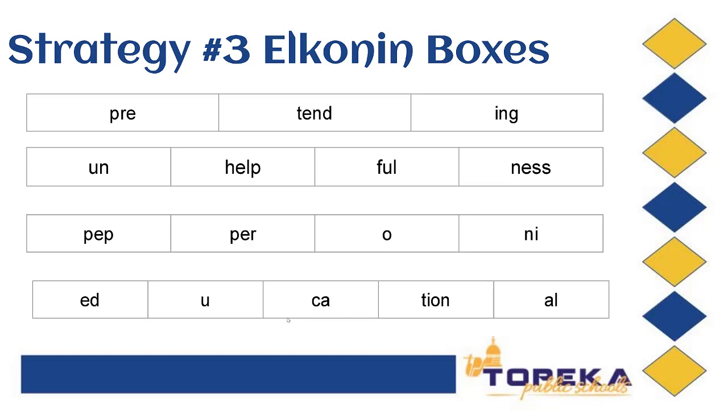Educational, there are 5 syllables, so I had 5 boxes. So you could put each of these syllables into the Elkonin box to help students sound out words. At the beginning, that's going to be really important, but as students become more proficient, if you say that word has 4 syllables, they will learn how to sound out that word on their own.